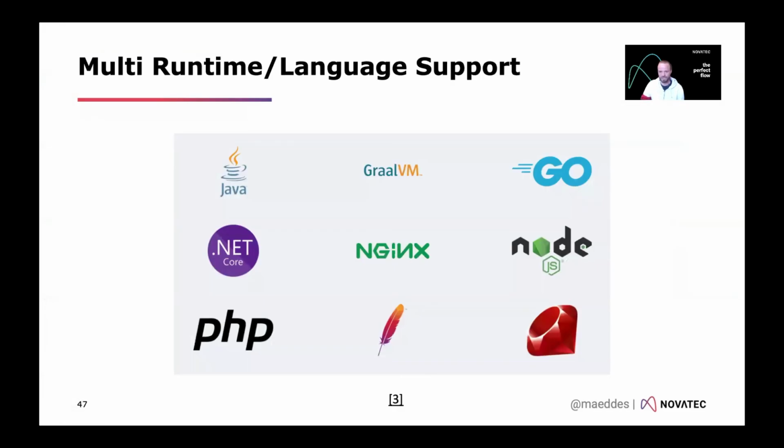So Paketo is a technology, an implementation of this build pack specification that comes straight out of Foundry and uses all the build pack experience from Foundry. So you have quite a set of runtime and language support here. Now if you imagine you have a lot of different microservices packaged into containers with a lot of different languages and runtimes, but they all share the common base image.